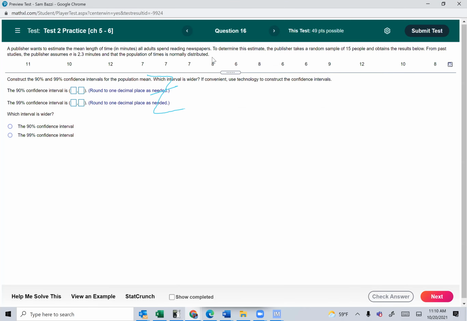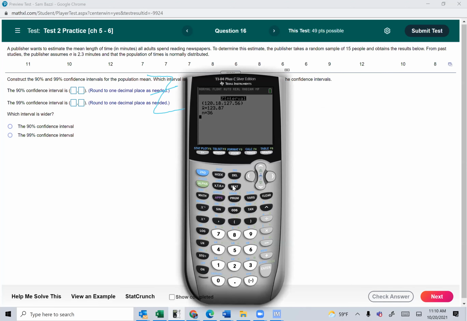Now, using the calculator, guys, let's do it together. Stat, edit, and let's enter the values. So we got 11, 10, 12, 7, 7, 7.